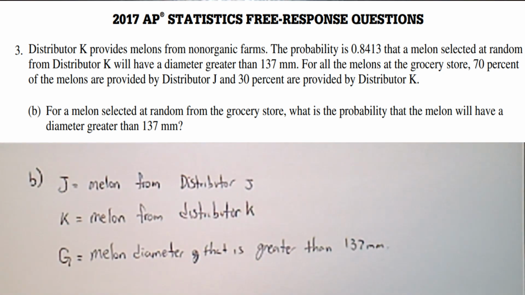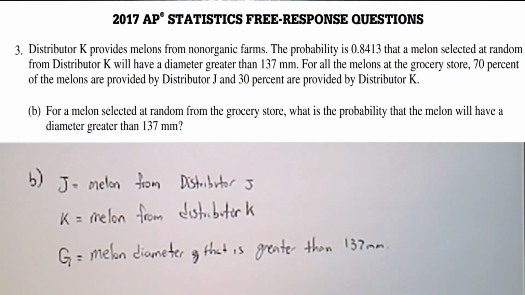Don't forget these variables are different from part A. In part A we defined it as the melon's diameter that is greater than 137 just from distributor J. For letter G in this case, we're referring to all of the melons, so there are two different values.